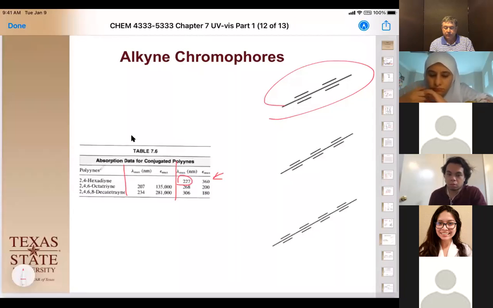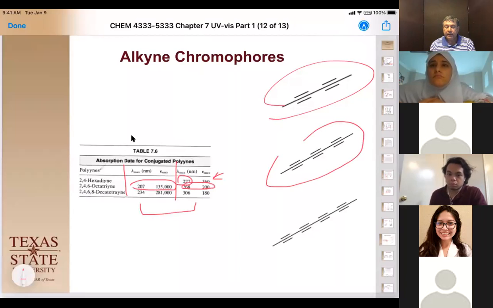But notice we have 2 different wavelengths here, so it gives rise to 2 different types of absorption. When we get to the octatriene, we end up with a total of 2 right here. One is very low energy with a low extinction coefficient, but one has a very high extinction coefficient. Look at this, 135,000.